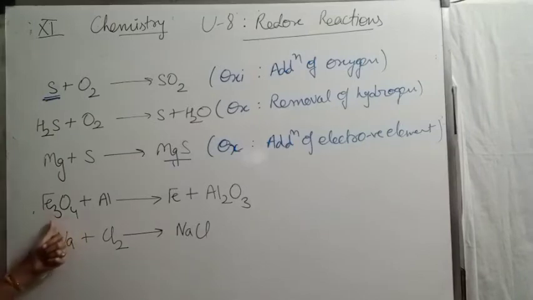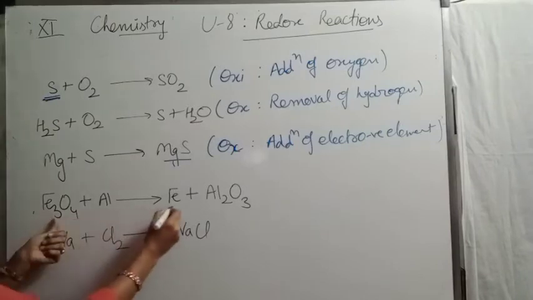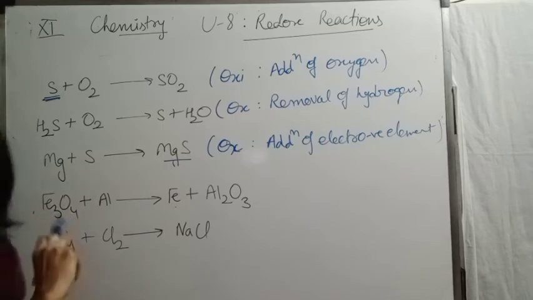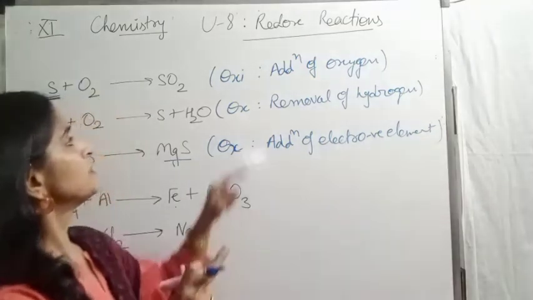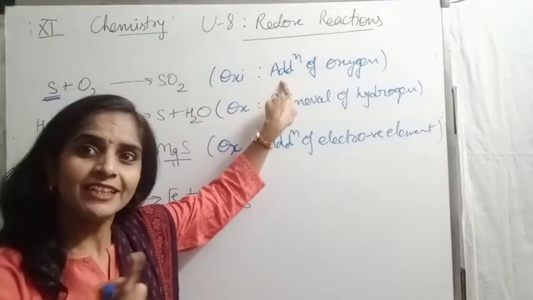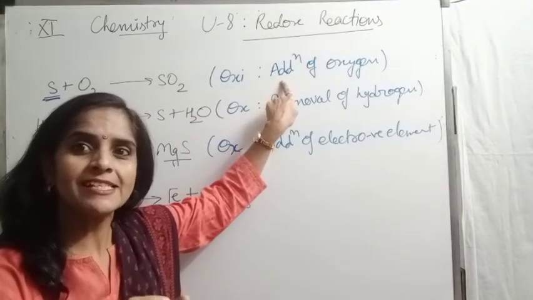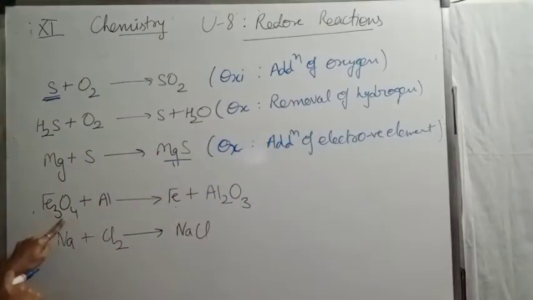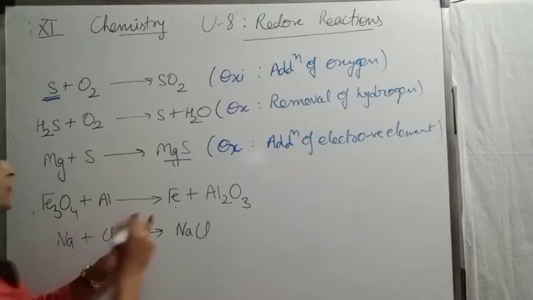Just check the next one. Fe3O4 is converted into Fe, meaning loss of oxygen. If addition of oxygen is oxidation, then understood, loss of oxygen is reduction. So here we can say Fe3O4 is reduced into Fe.